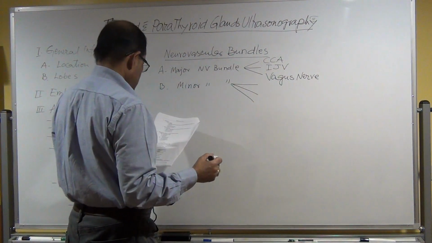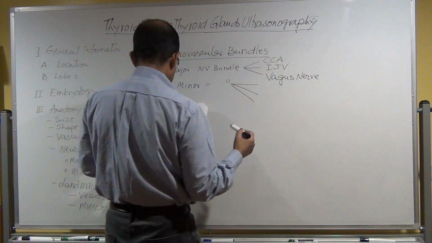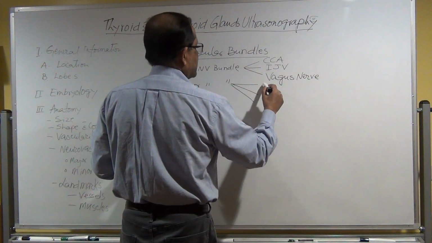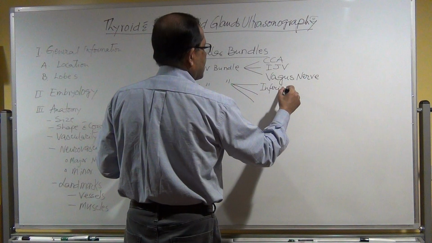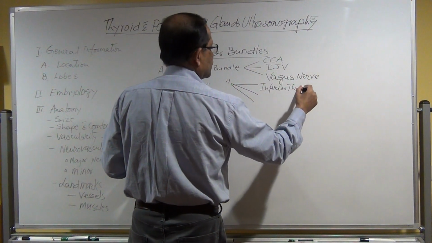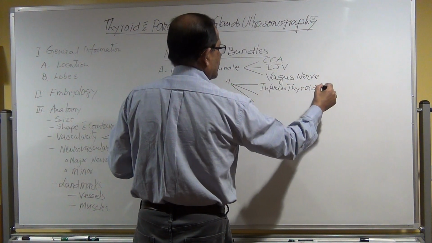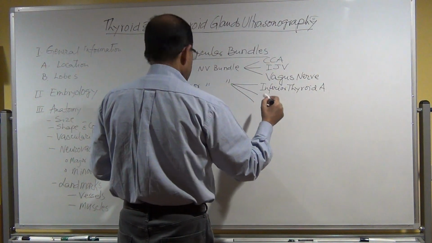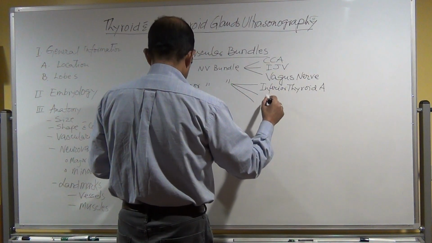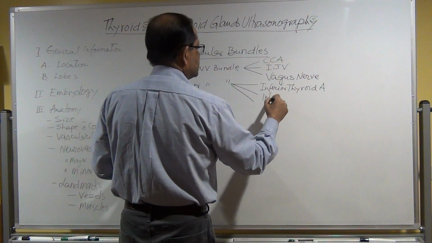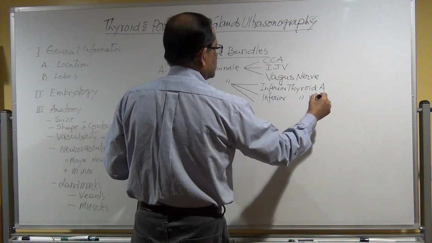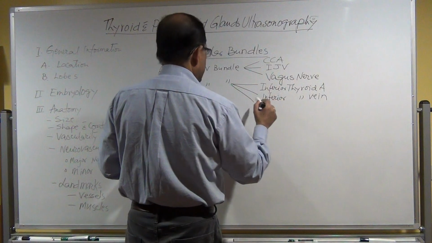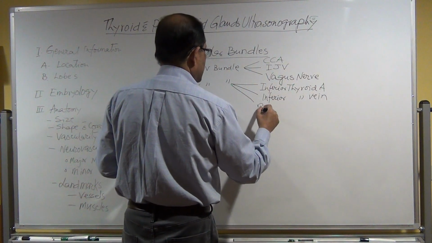Minor neurovascular bundle is inferior thyroid artery, inferior thyroid vein, and recurrent laryngeal nerve.